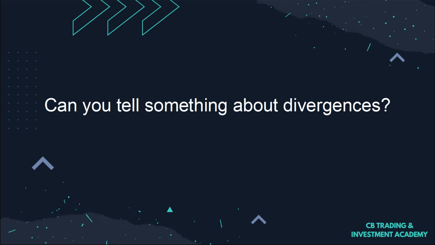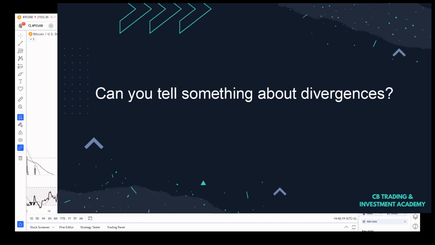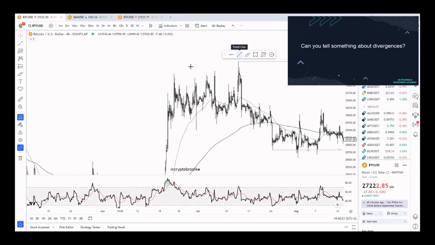So like I said, what you want to see is that price is making a higher high, and RSI is at the same time making a lower high. I'll give this as an example.